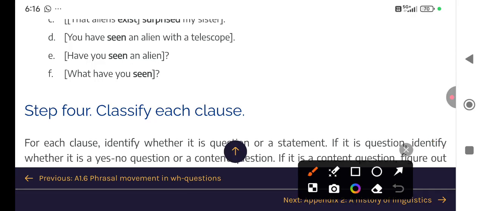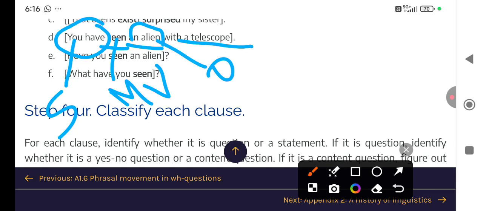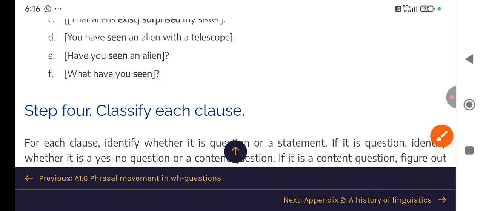Okay. Now next is: you have seen. So seen is the main verb. You have: have is the helping verb, and you is the subject. What? An alien. So an alien is the object. With a telescope is a modifier, we can say, right?